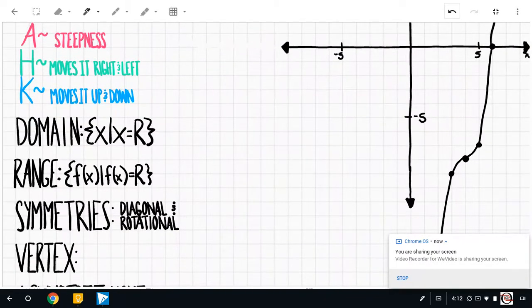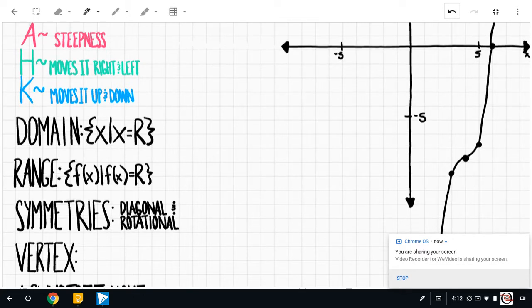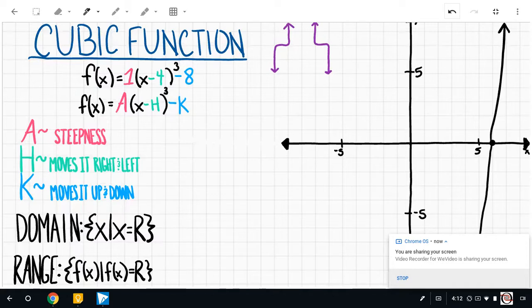Usually the vertex is located at (0, 0), the origin, but here it's moved to 4 and down to -8. And when you get better at these types of graphs, you can tell that right away without looking.